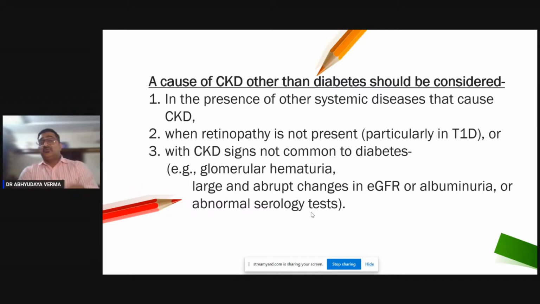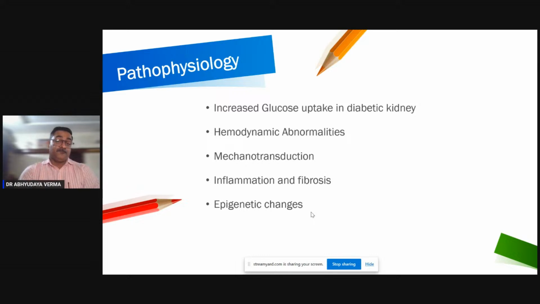So, we should get a retinopathy examination. Then only it helps us to confirm that this is DKD. And when the CKD signs are not common to diabetes, like glomerular hematuria can be there, large and abrupt changes in EGFR or albuminuria, or some other abnormal serology tests.